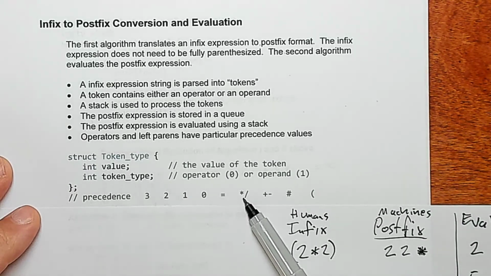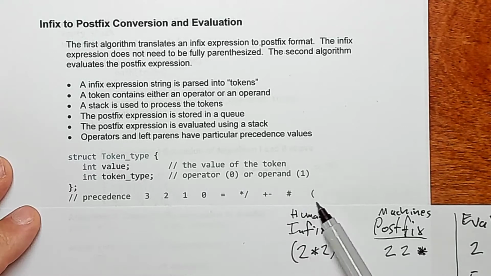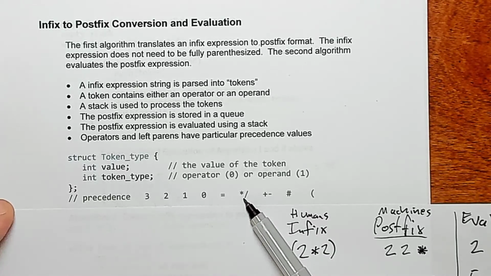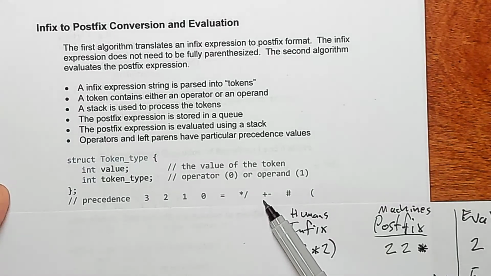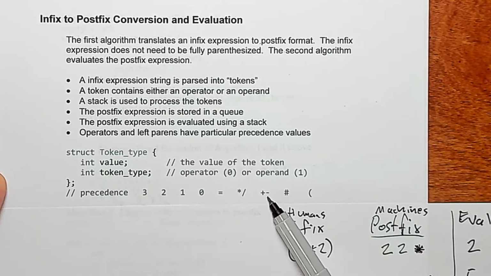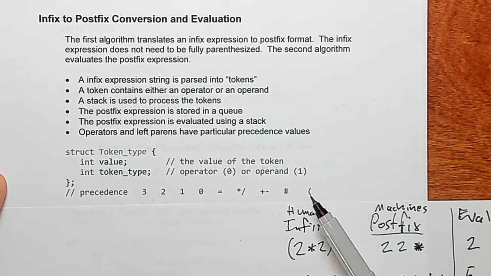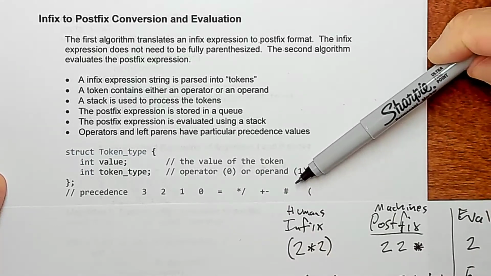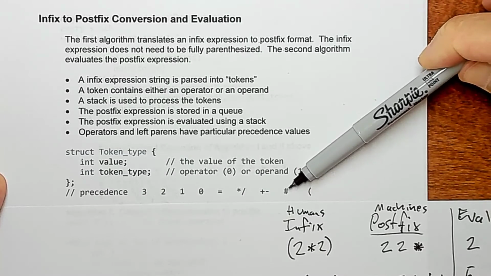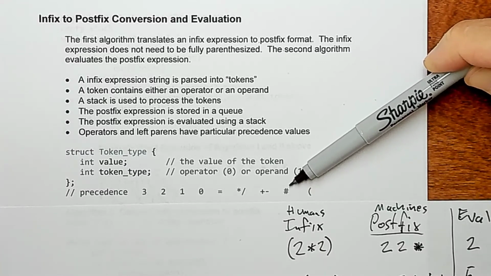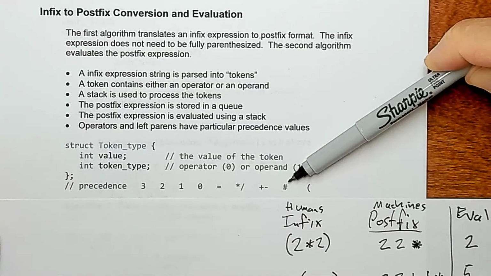Okay, so we've got 7 kinds of tokens. We've got multiply, divide, plus and minus, and we've got parens, or left parens. And then to make the algorithm a little cleaner, we've got this hashtag, or pound sign, if you predate Twitter.